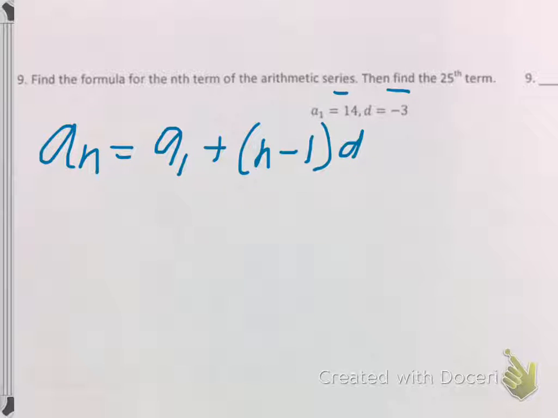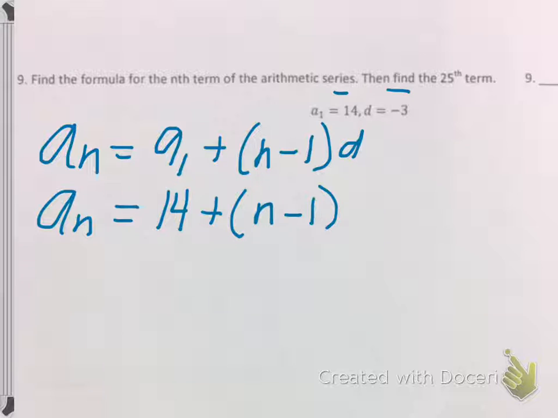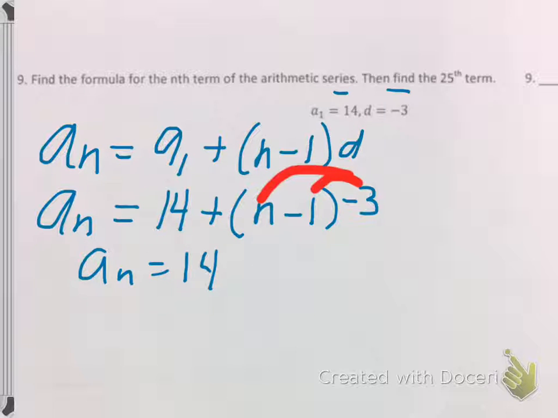So what we're going to do is substitute our information into this formula. So to find my nth term, I'm going to use 14 for my first term. I'm looking for the number of terms here, so that's going to stay a variable, and then I'm going to times it by negative 3. Let's remember that when we did this, we need to make sure we distribute that through. So my nth term will be equal to 14 minus 3n plus 3, because we distributed through the parentheses.